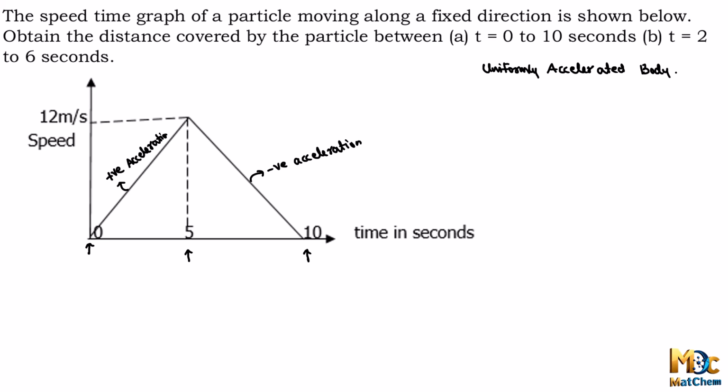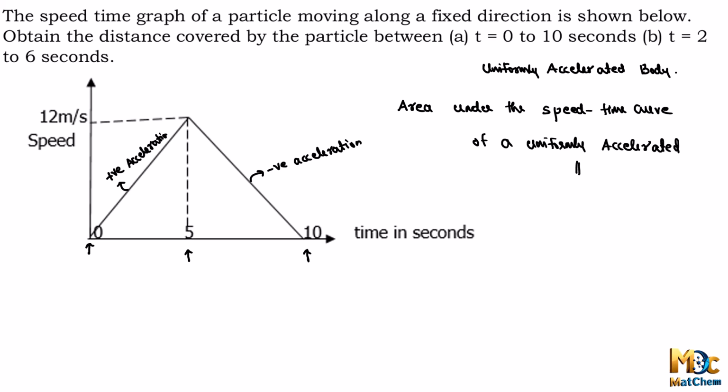For a uniformly accelerated body, if you take the area under the speed-time curve, the area under the curve will give you the distance covered.